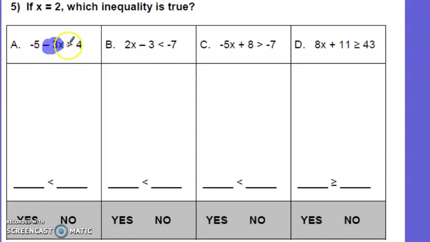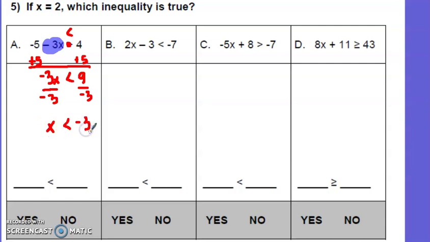So because that's negative, that means that I flip this inequality. So that would mean that I would add 5 to both sides. So then that gives you negative 3x is less than 9. And then we divide both sides by negative 3. And we get x is less than negative 3.